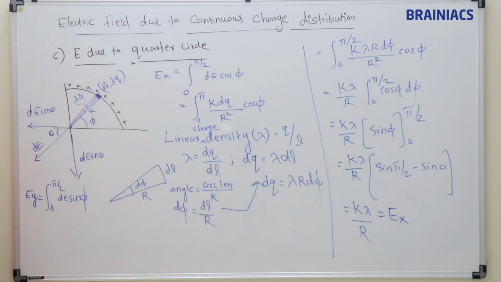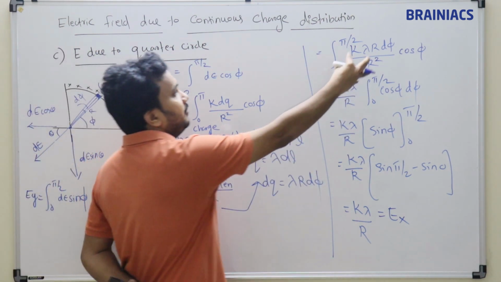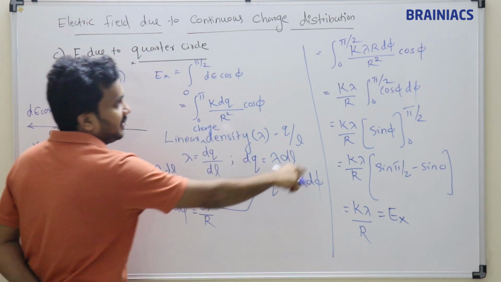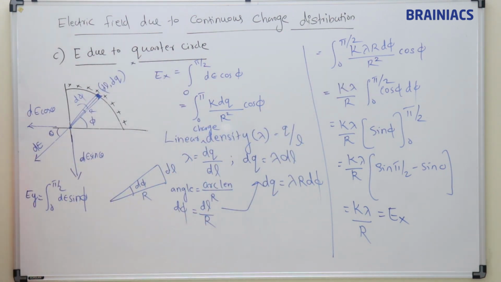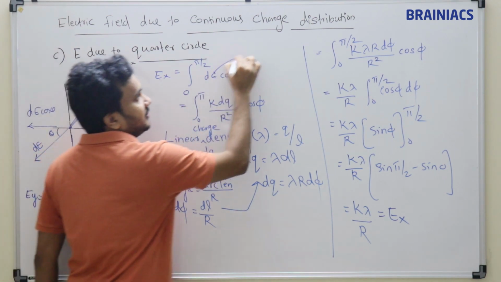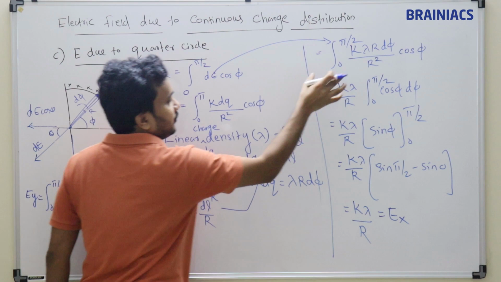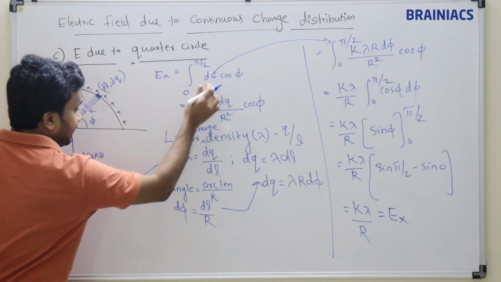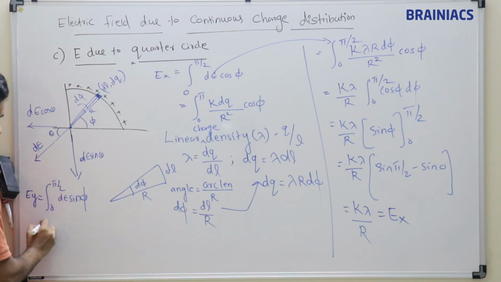What we got finally for dE, right? The same steps. So here we solved it and we got dE. Here dE cos phi. So if you connect these two, except cos phi, everything is the same. So I'm just substituting in these steps.